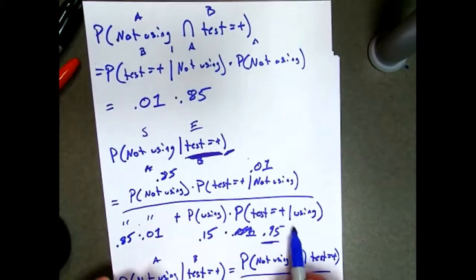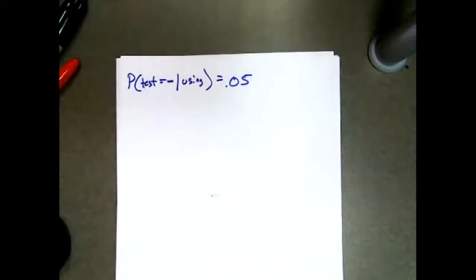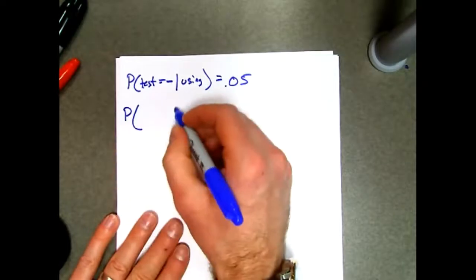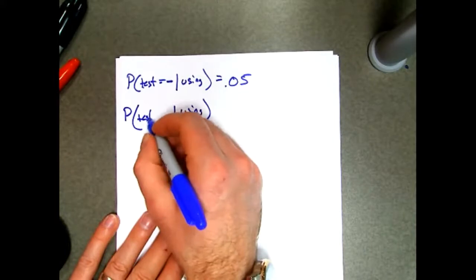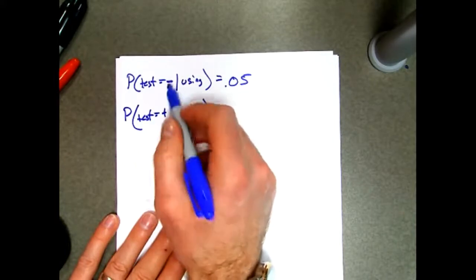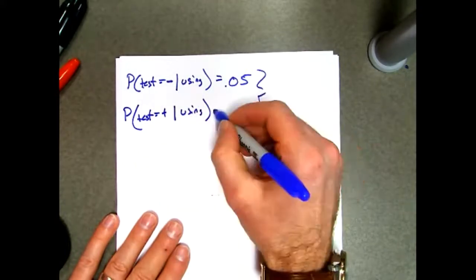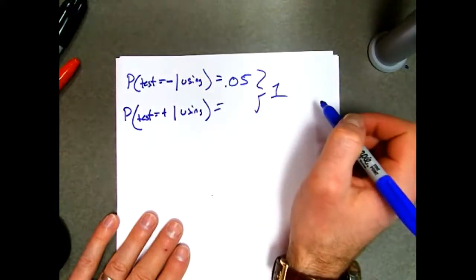Right? But how could I find this probability, this piece of information? Well, remember, we said anytime I condition on the same state of nature, the conditional probabilities for these two outcomes of the test should add up to 1. Right?